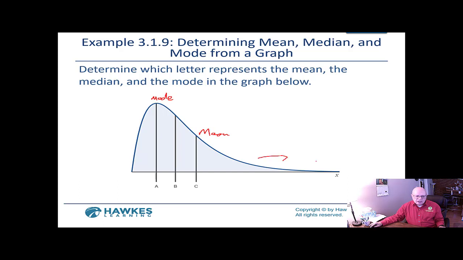To be toward the tail. Look for the mean out toward the tail. And of course, by default, if you get those two right, then this is the median.